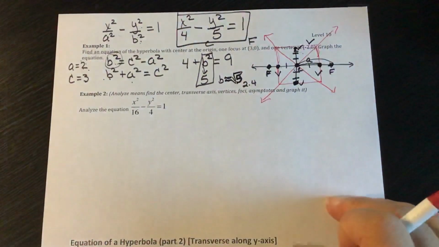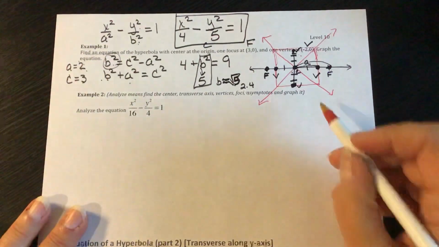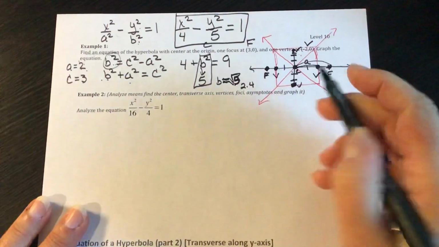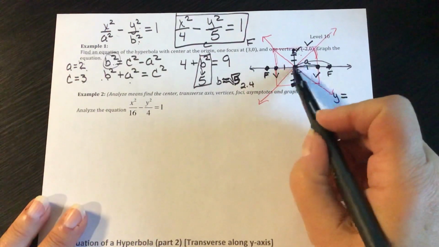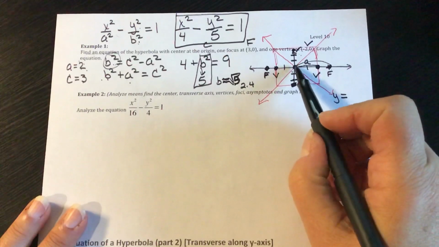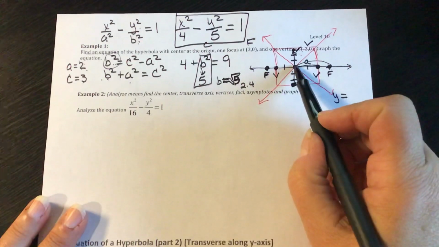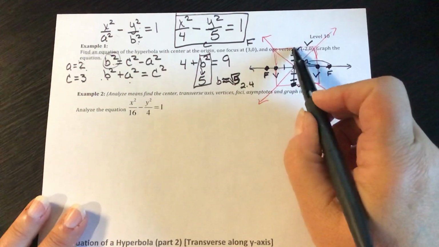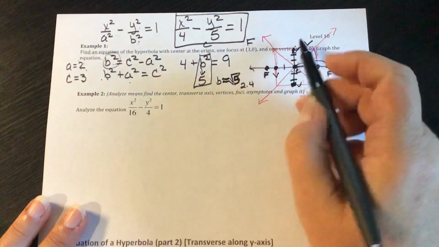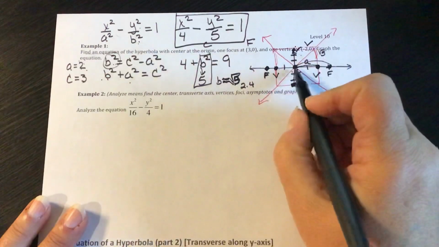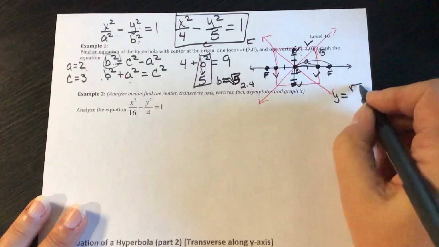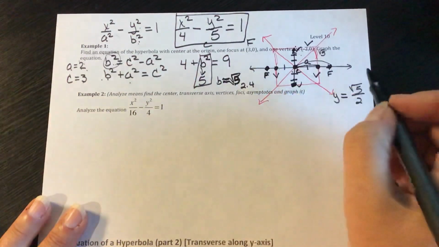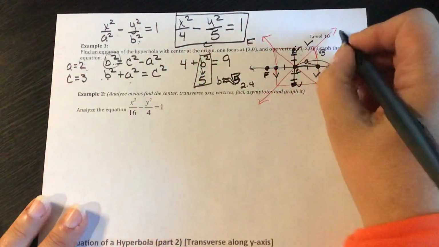And often I will be asked to write the equation of these. So this is going to be y equals. Now I'm going through the origin, so I really need to determine my slope. And I'm going to go up 2.4, so really this is the square root of 5 over 2.